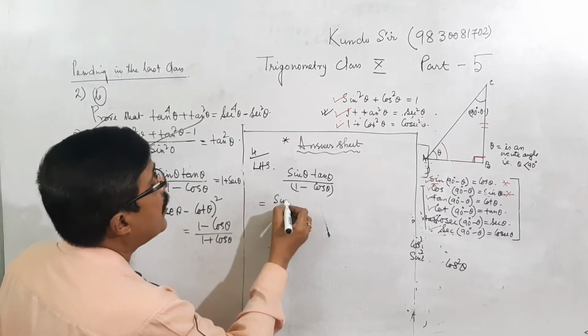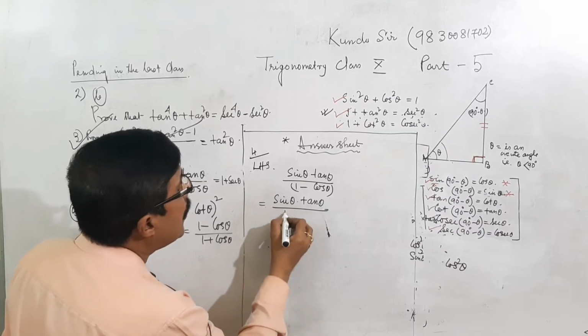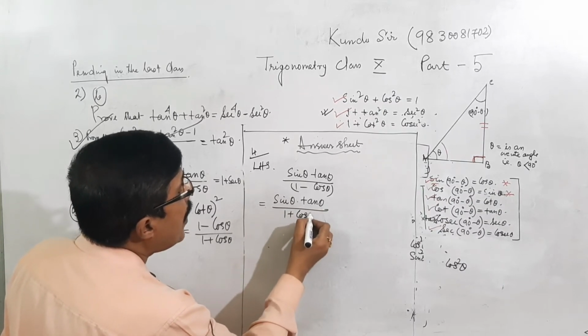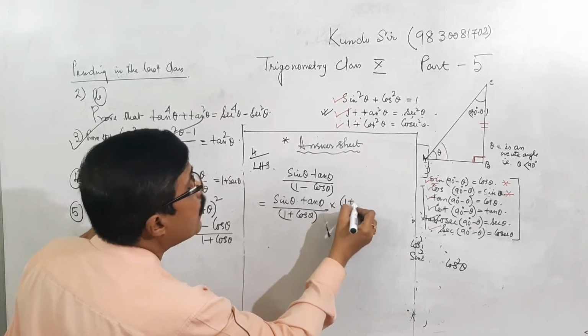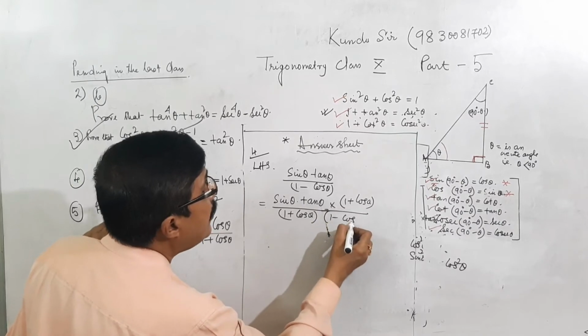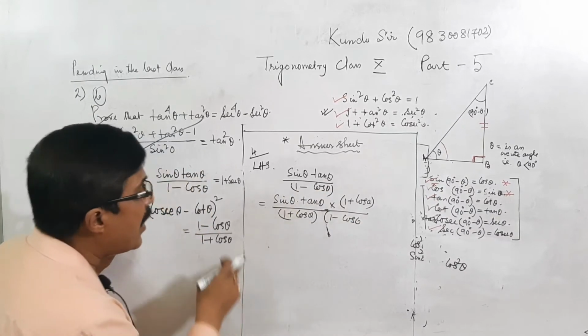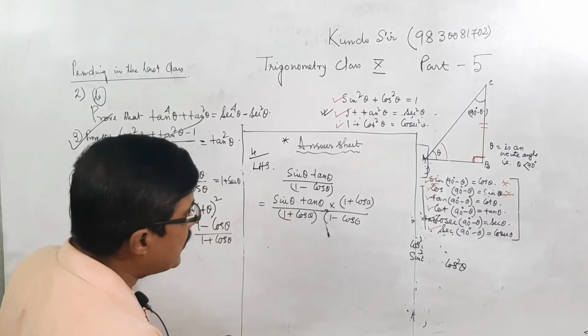So, sin theta into tan theta, and the conjugate pair is 1 plus cos theta. So, we should multiply by 1 plus cos theta over 1 plus cos theta. We have multiplied the term with the help of 1 plus cos theta.